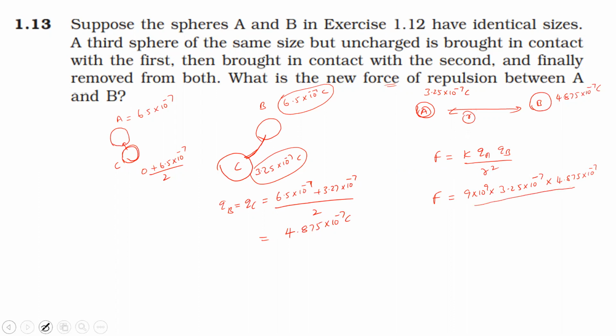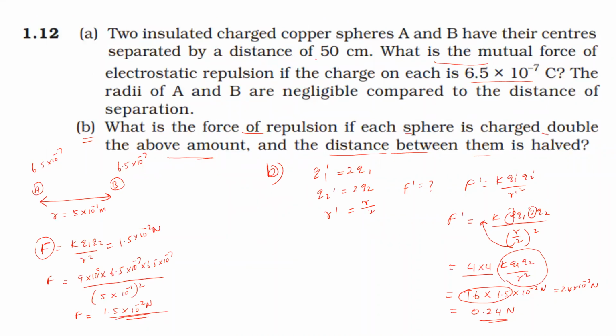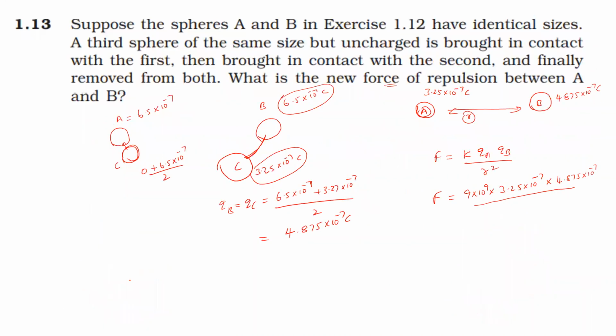R is given in 1.12 as 50 centimeter. If we convert 50 centimeter into meter, it is 50 into 10 power minus 2 meter, which we can write as 5 into 10 power minus 1 meter. So by substituting the value of R as 5 into 10 power minus 1 whole square and simplifying this, we get the answer for this question as nearly 5.7 into 10 power minus 3 Newton.